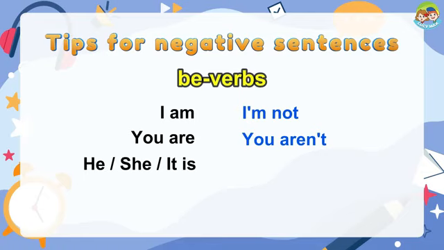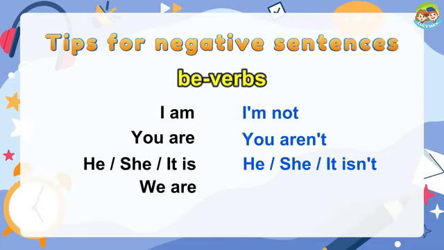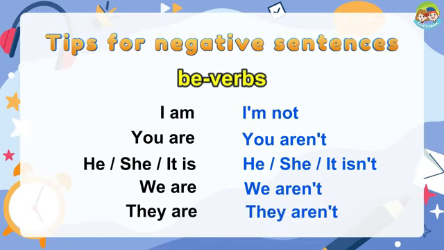The negative is he, she, it isn't. We are. The negative is we aren't. They are. The negative is they aren't.